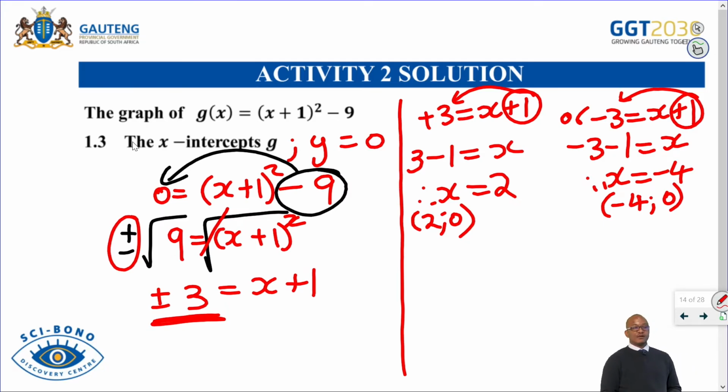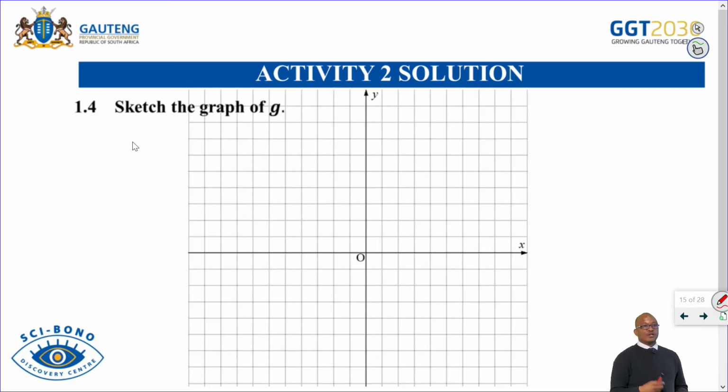And we also have our x-intercept, which is 2 and negative 4. So now we have negative 4 on this side, and on this side, remember, we have 2.